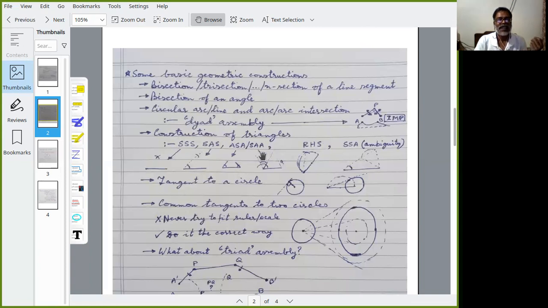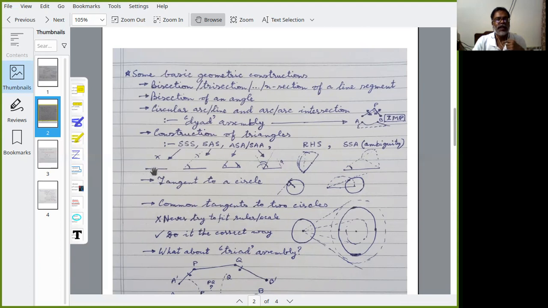Okay. And you know SSS, that is, if three sides of one triangle are same as three sides of another triangle, then the two triangles are congruent. This you have studied as the congruence theorem. But that also means that if three sides are given, then you can construct a triangle.